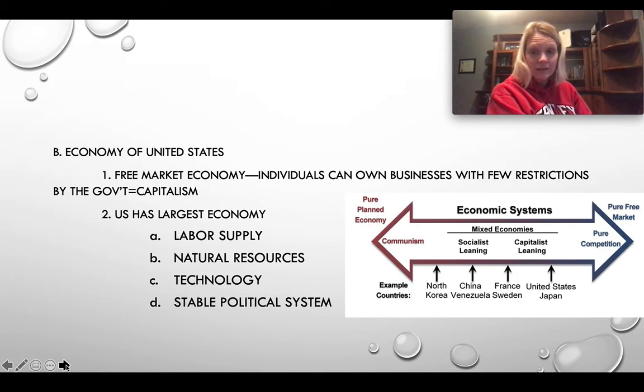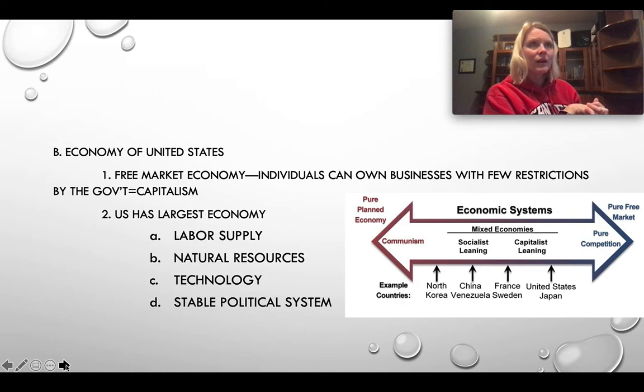We have great technology. We have brilliant people who make things and create things and develop things. And so we have a really good, technologically advanced system. And we also have a stable political system. What I mean by that is we don't have a lot of rioting. We don't have a lot of overthrow of the government.